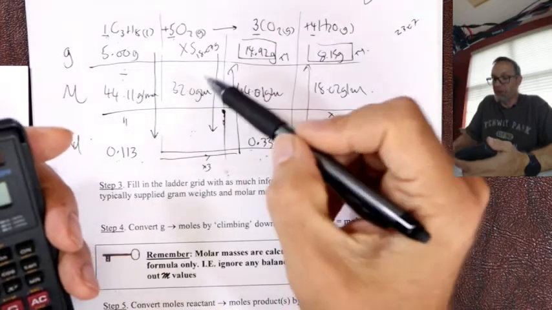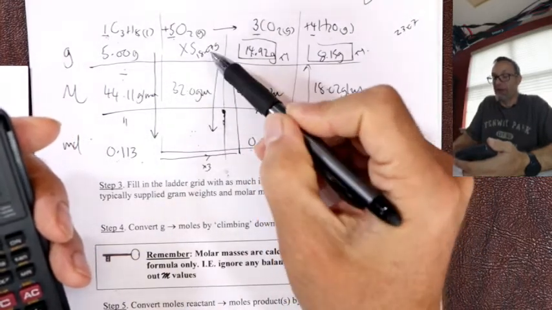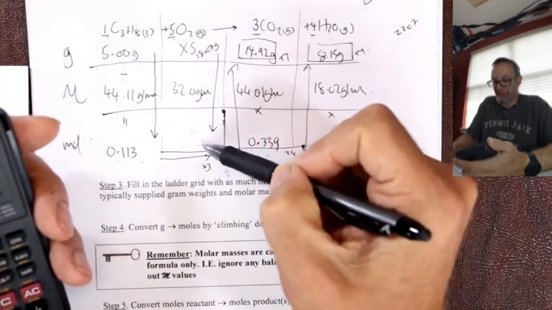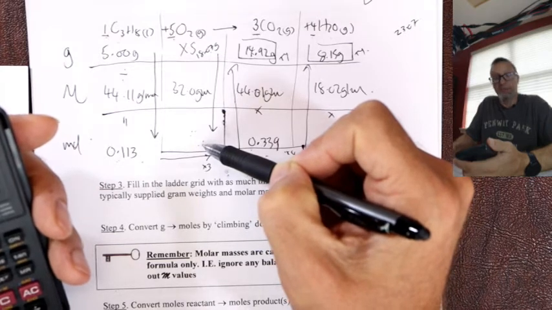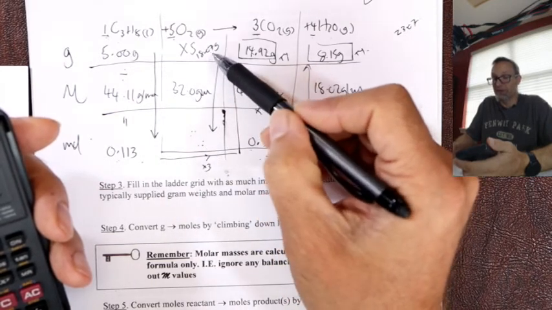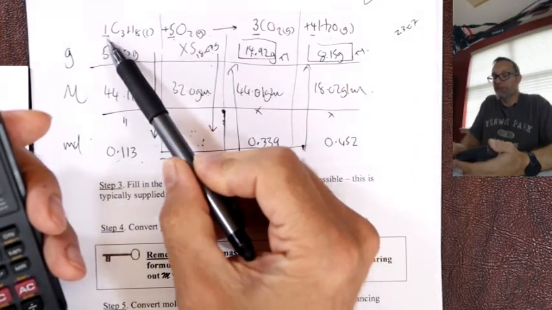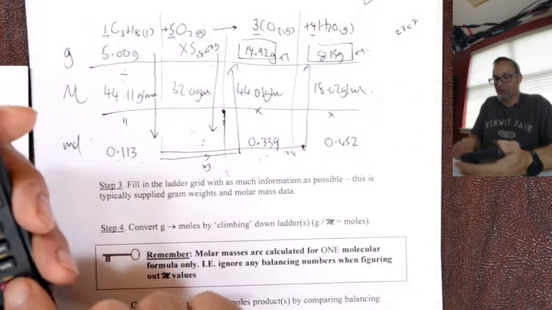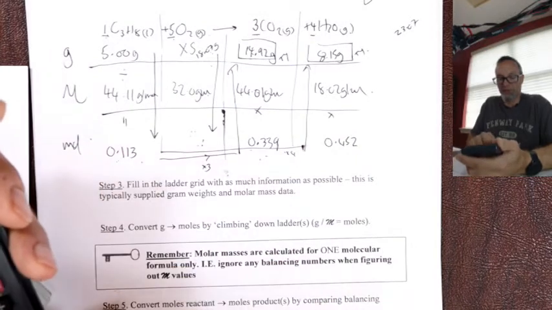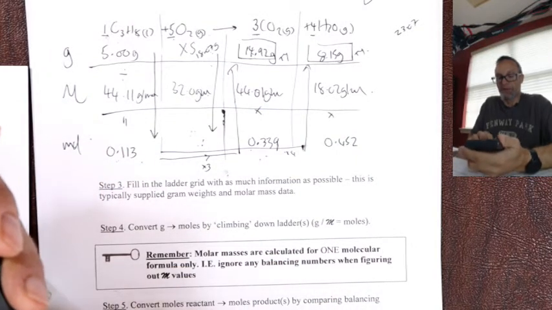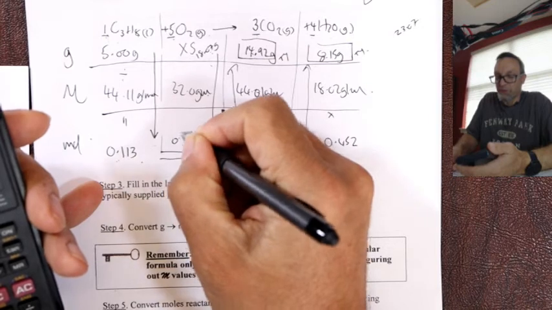Okay. If you wanted to work it out, you could also work out how many moles that was, right? There's a couple of ways you can do that. You can climb down, so grams divided by molecular weight is moles, or just say this: one of these reacts with 5 of these. So what is 0.113 times 5? 0.565.